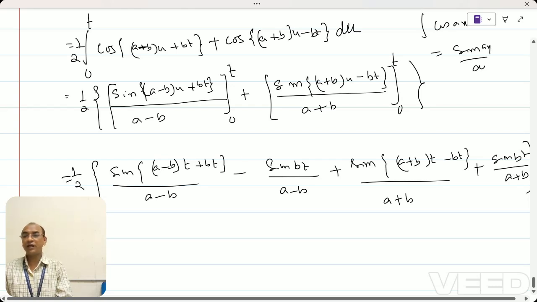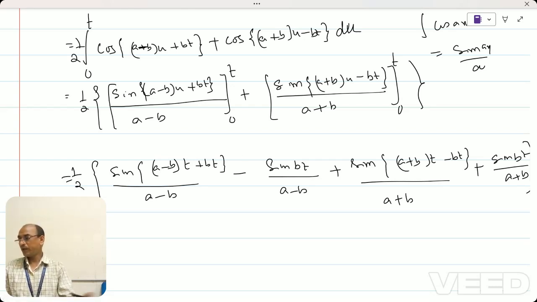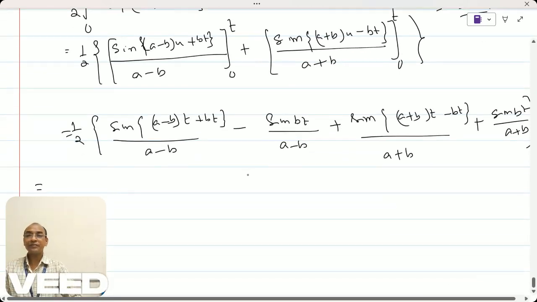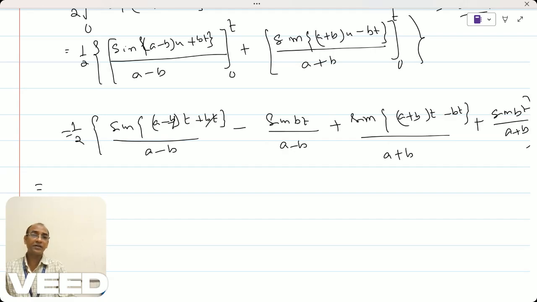So this thing now we will simplify, and we will see what we get. You see here the minus bt and the plus bt will get cancelled, here plus bt minus bt will get cancelled.